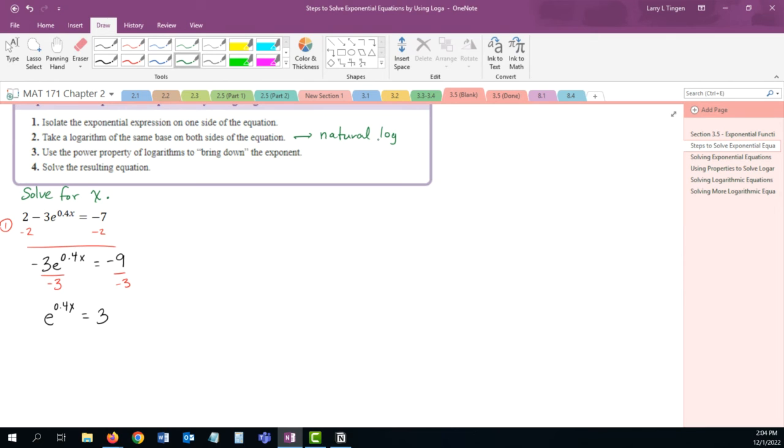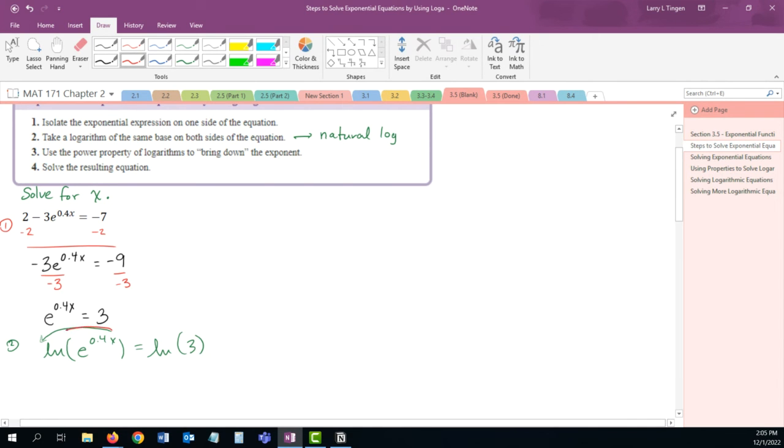If I chose to do log base 7 on both sides here, I would end up with a number that I couldn't calculate in my calculator. So step 2 is to take a log of the same base on both sides. Why am I doing this? The reason I'm doing this is so the power rule comes into play.